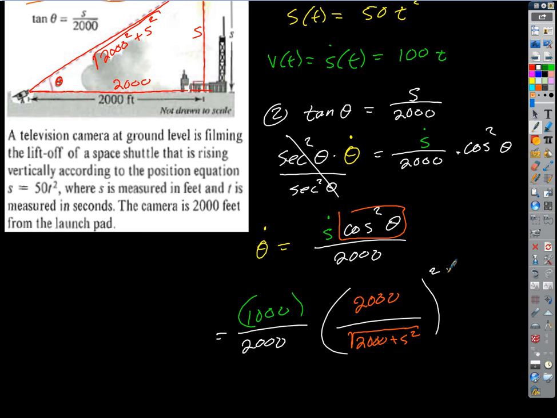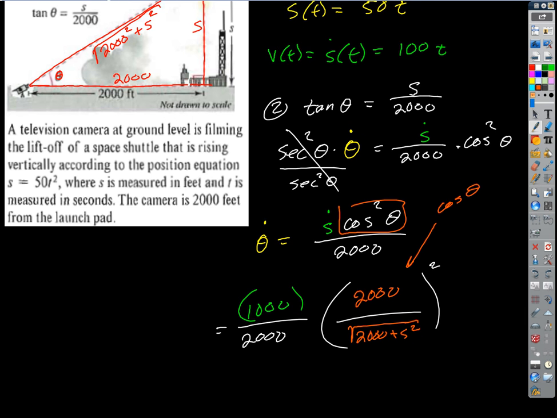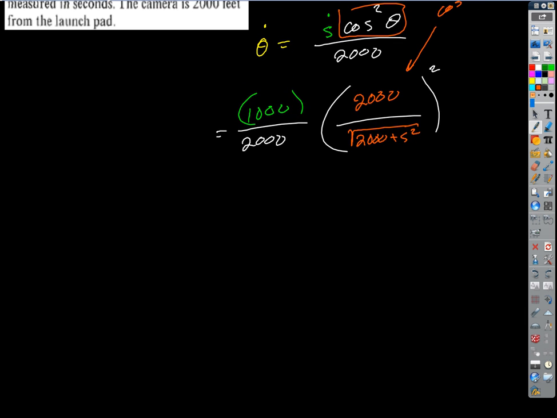Isn't that just cosine? Right? Well, actually, what's s? S was 5,000, okay?